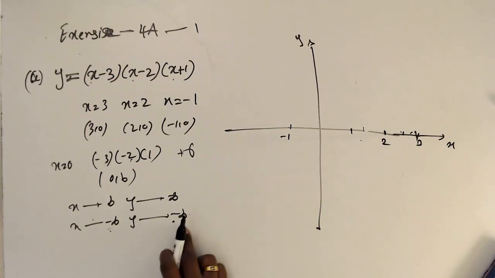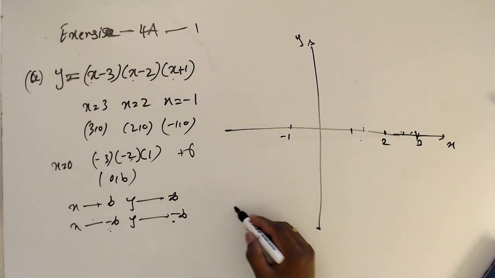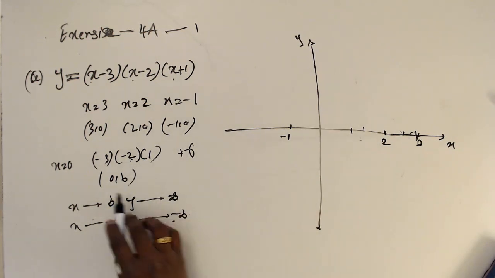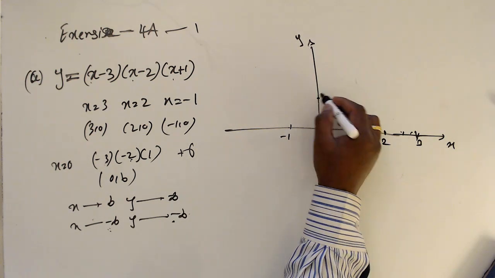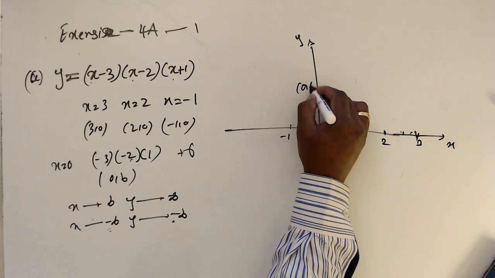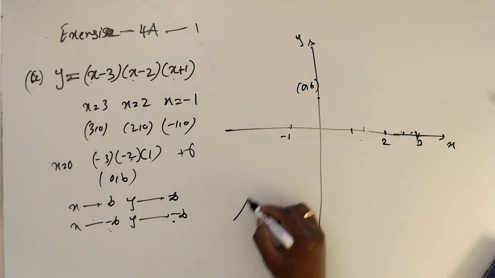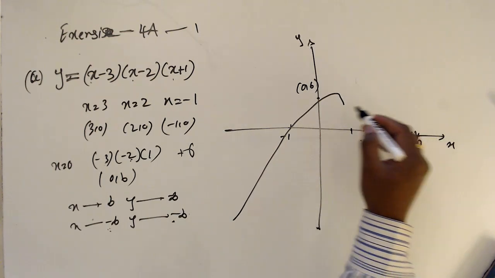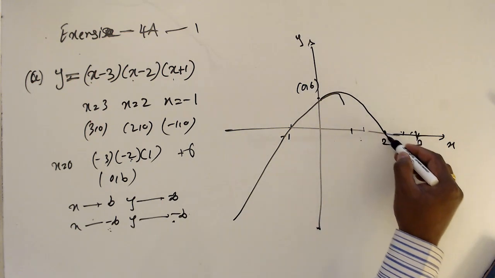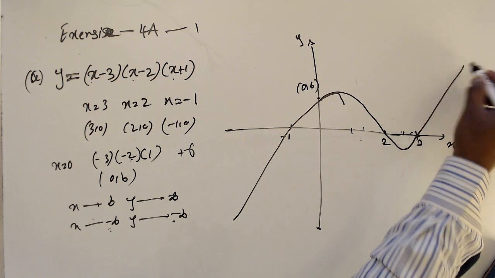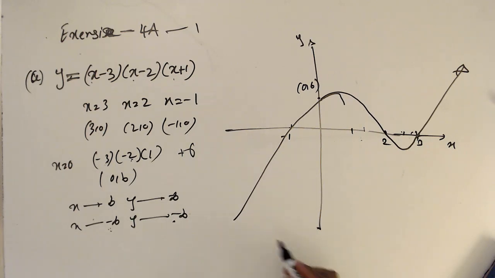Now minus minus, plus. So okay, this is going to be (0, 6) here. Something like this.